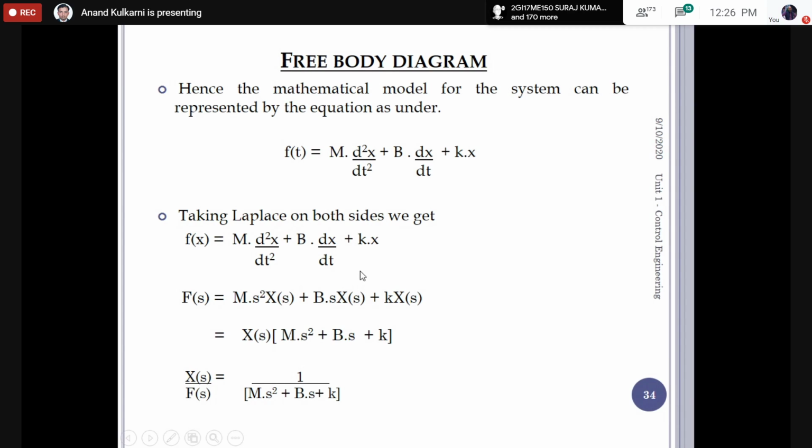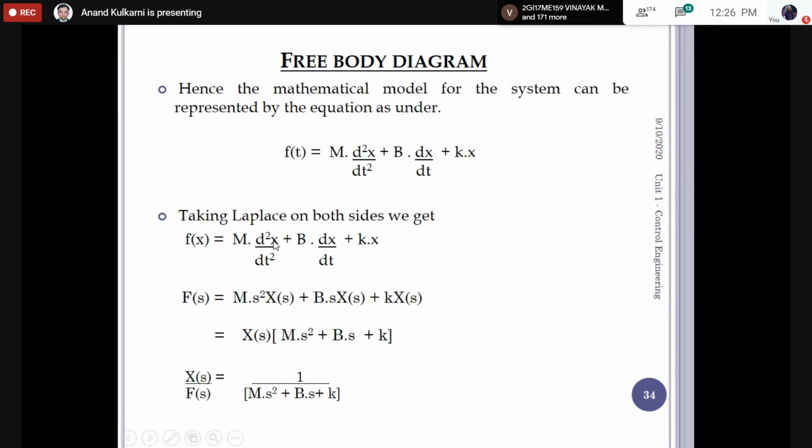In the previous class, I explained the Laplace transform. Laplace transform of left is equal to Laplace transform of right. Laplace transform of f of t becomes F of s. So small letter is replaced by a capital letter.